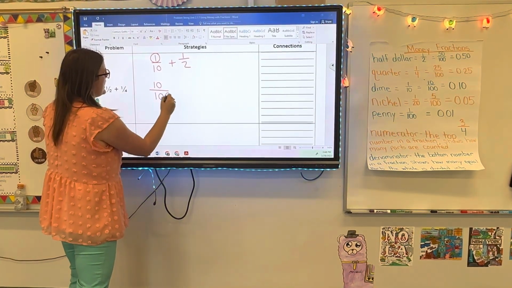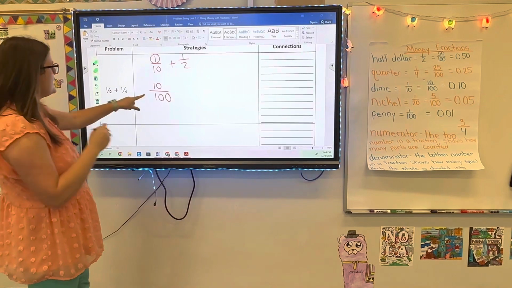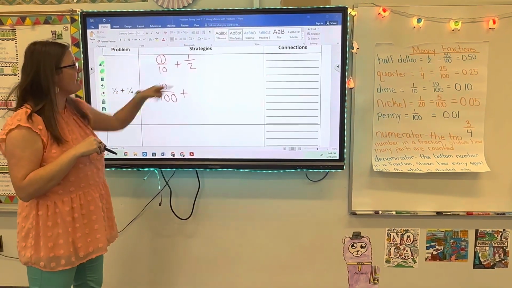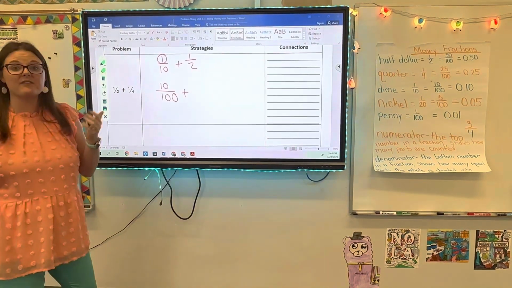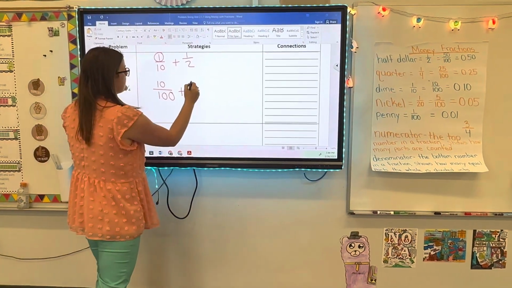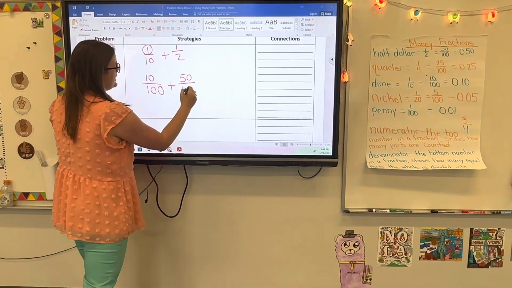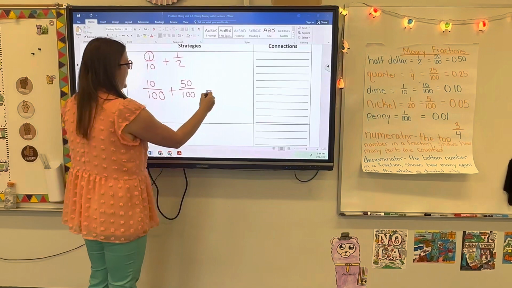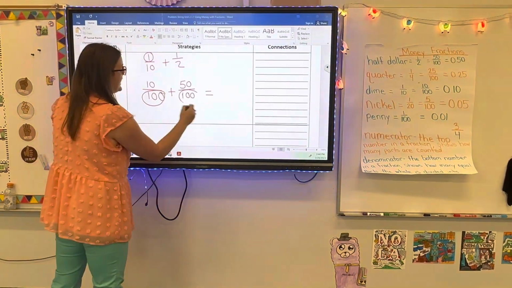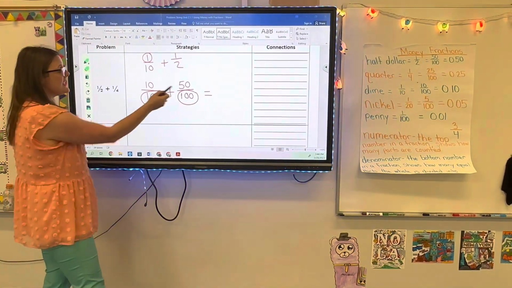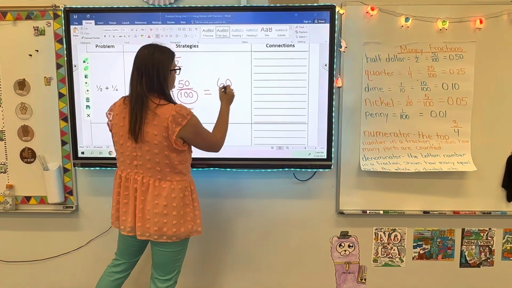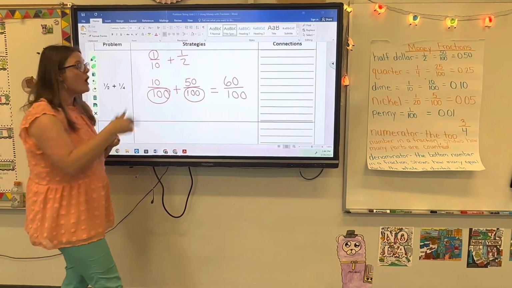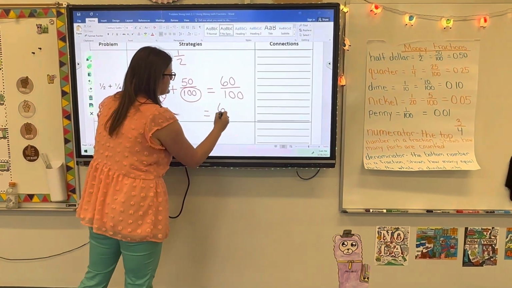So 10 hundredths is equivalent to 1/10. A half, we just said that a half, if I have a 50 cent piece, I have 50 cents. And I need 100 pennies to make $1. So now my denominators are the same, 10 plus 50 gives me 60 cents. My denominator stays the same, so I have 60 hundredths, and 60 hundredths is equivalent to 6/10.